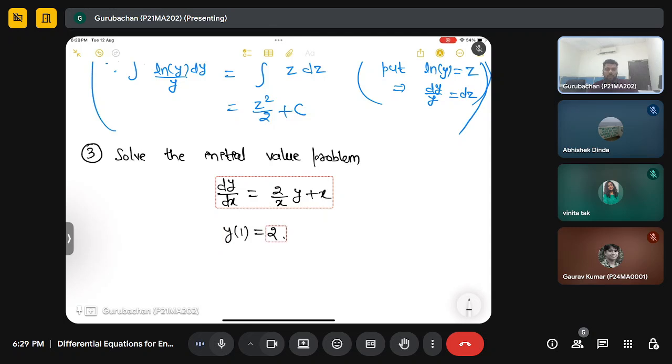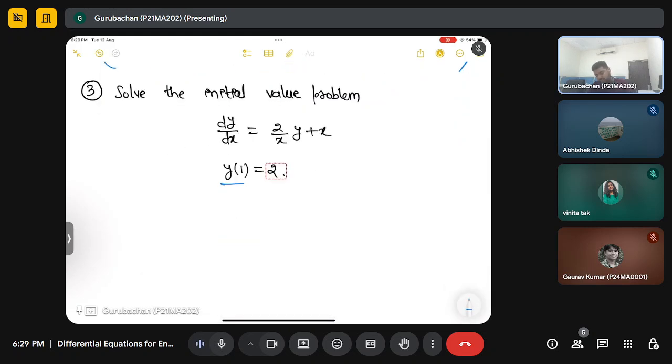We have been given a differential equation as well as the initial condition, and here it is clearly observable that y is the dependent variable. So we need to solve this initial value problem, and it is quite clear that it has already been given in the standard linear differential equation form. We just need to rearrange it in some manner and solve it as per question number 1. So try this one.